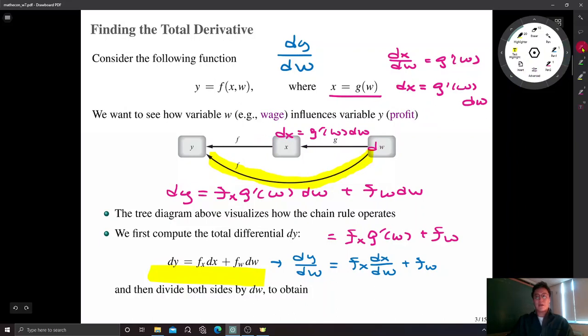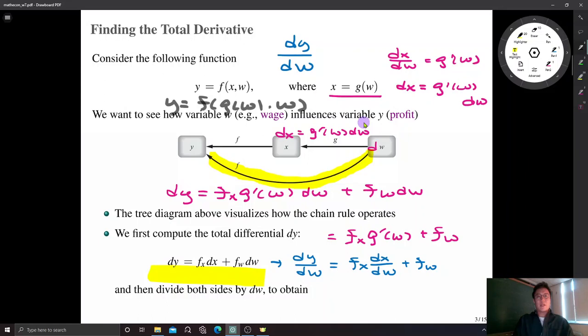So the basic idea is, originally function f depends on two variables x and w, but x is given by g of w. So we can just start with a substitution. We can make this function a function of just one variable by way of substitution. So y is f of g of w and w. Okay, then that is a single variable function.